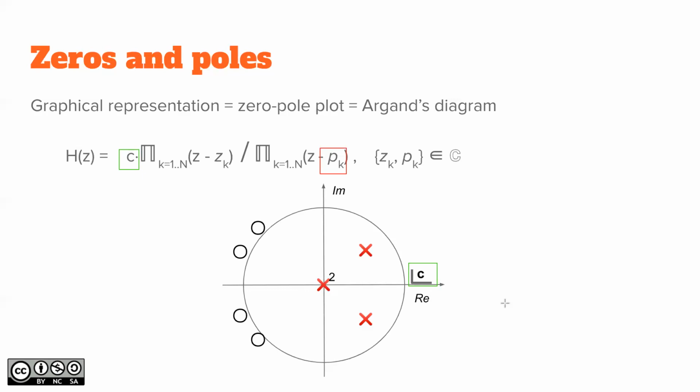Well, the graphical representation is called zero pole plot. A little bit different from the S-plane. On the S-plane, our signal was on the imaginary axis. On this Z-plane, the unit circle represents the signal with unity amplitude.